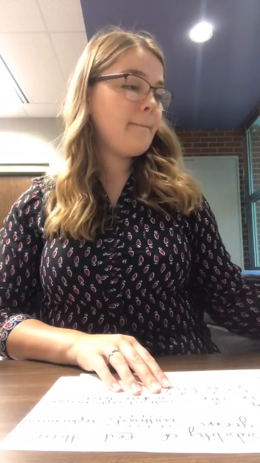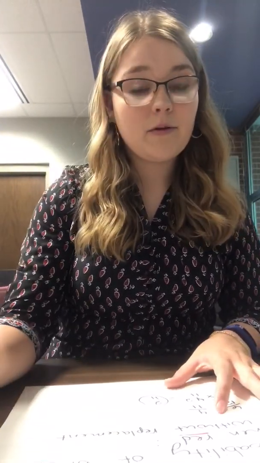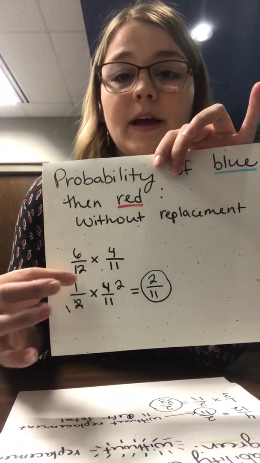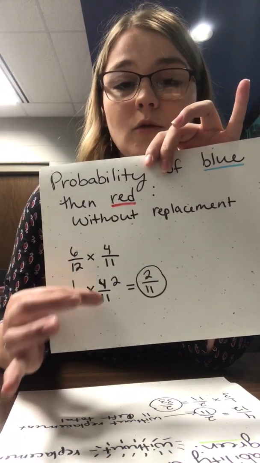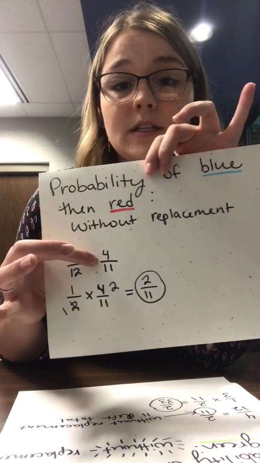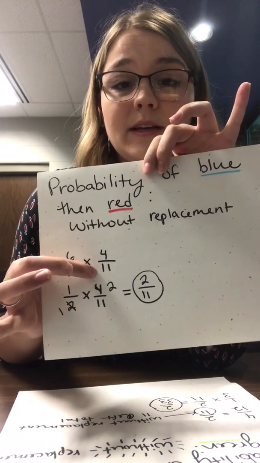Okay, so I'll go back over these one more time, just to clarify. The probability of blue and then red without replacement would be 2 11ths. And that's because 6/12, 1/2, times 4 11ths, which is the red, since there's 4, and then 11 without replacement.